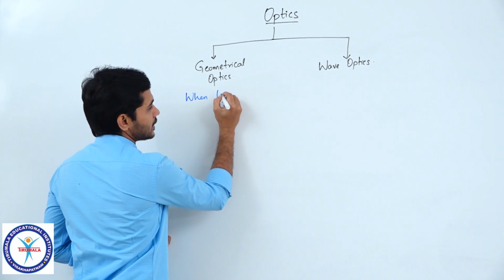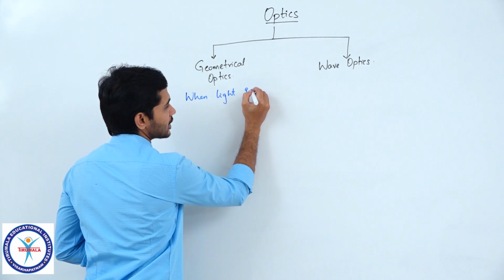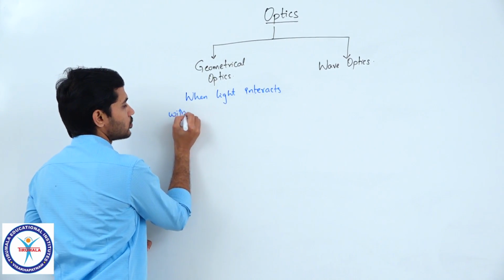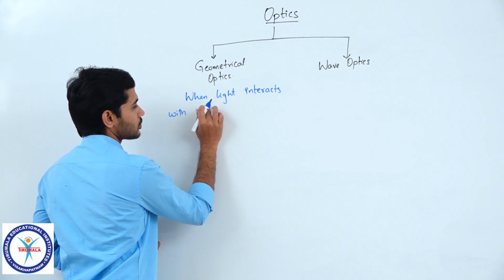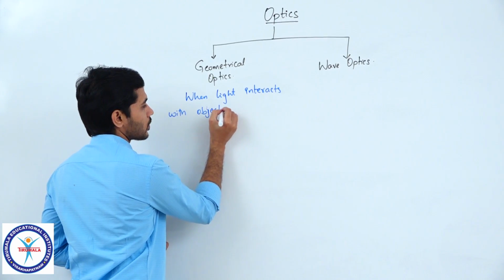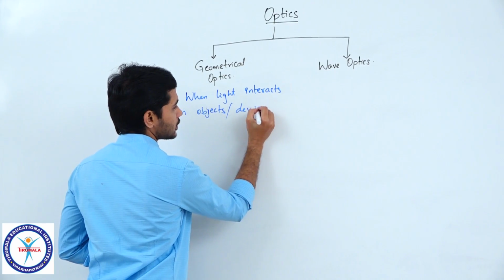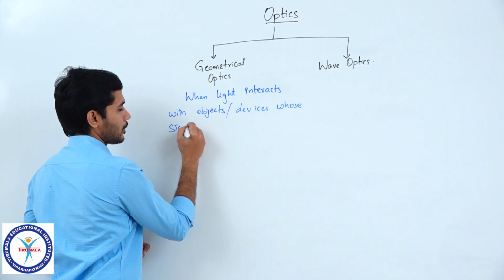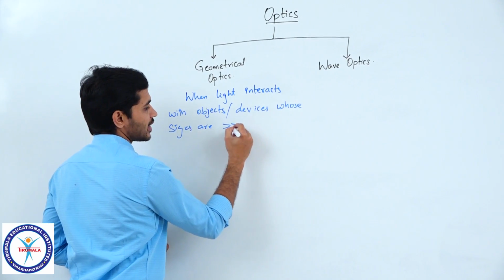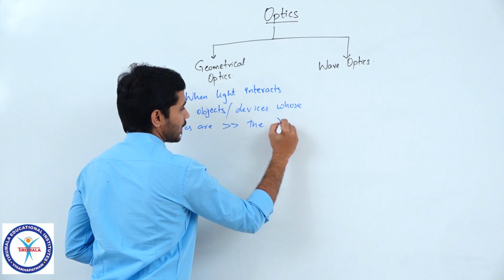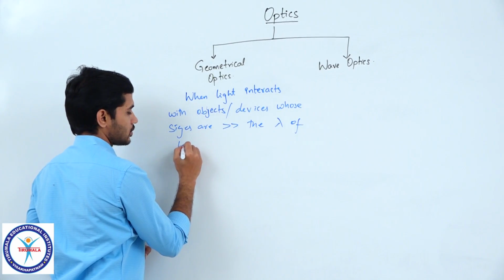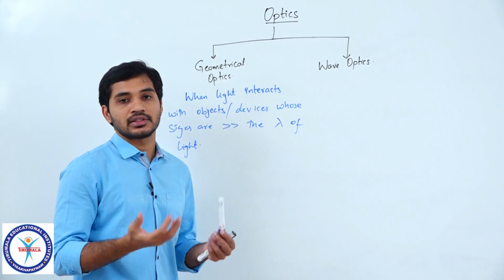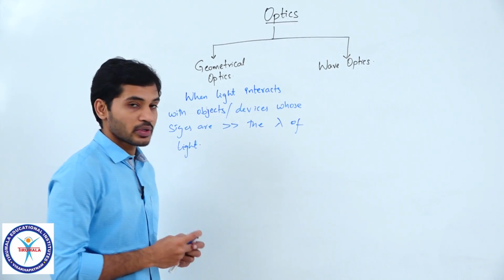When light interacts with objects or devices whose sizes are far greater than the wavelength of light, in such a scenario we will be understanding the properties of light by using geometrical optics.